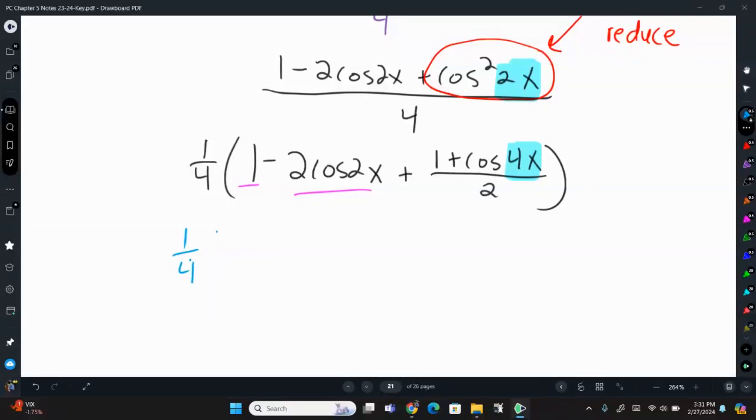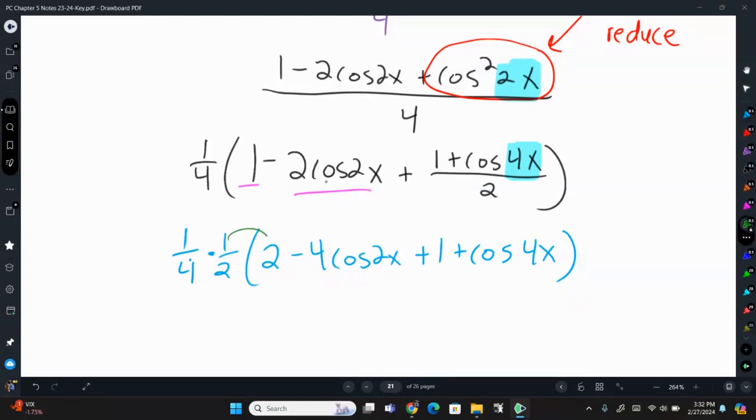So 1/4 times 1/2 times 2 minus 4 cosine of 2x plus 1 plus cosine of 4x. Because if I were to distribute this 1/2 back in to everything, I get exactly what I had up there in the previous step.